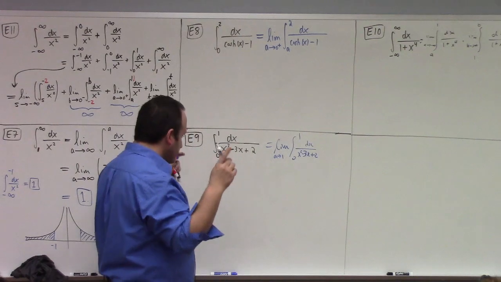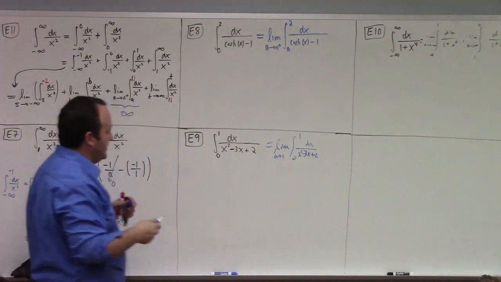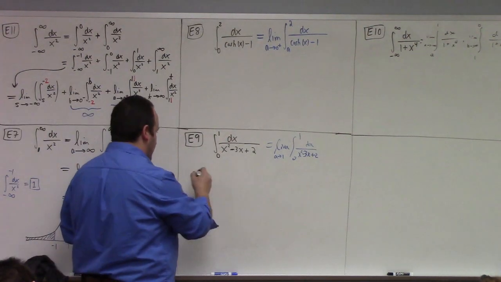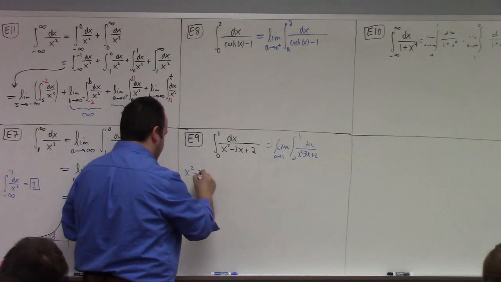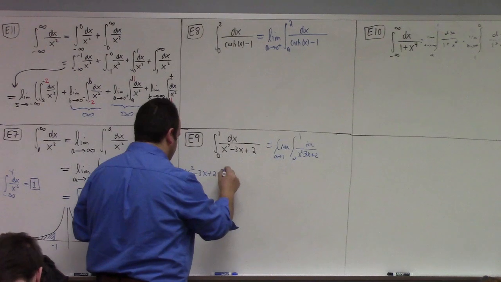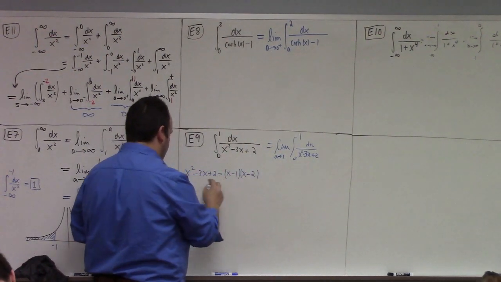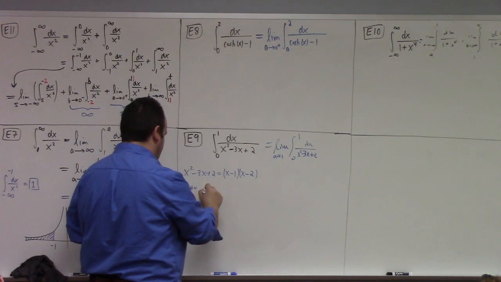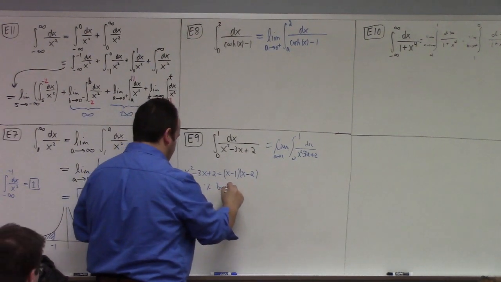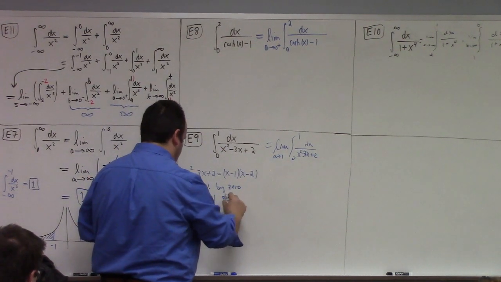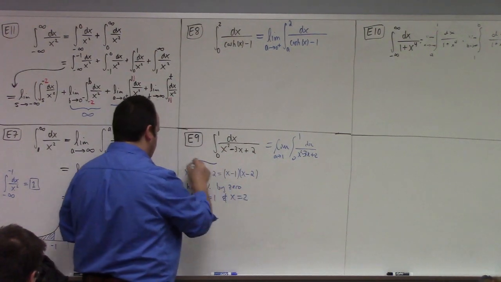But, all right, next up, the integral from 0 to 1 of x squared minus 3x plus 2. Side note, x squared minus 3x plus 2 factors as x minus 1 times x minus 2, right? So we have division by 0 at x equals 1 and x equals 2 for the integrand, right?